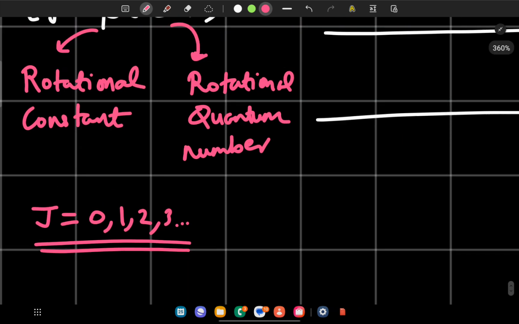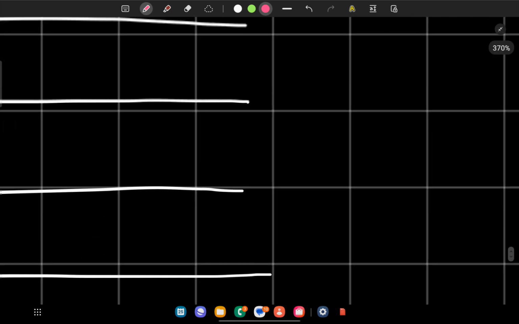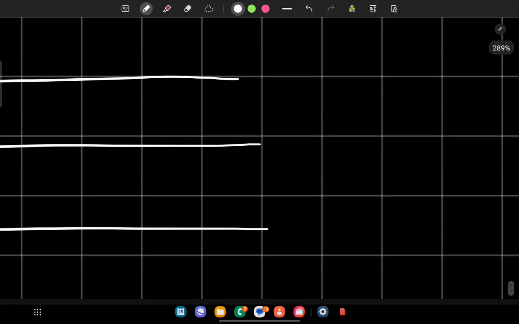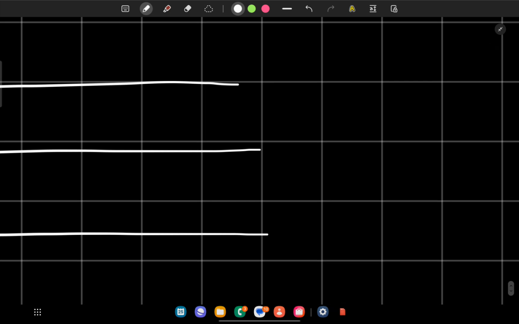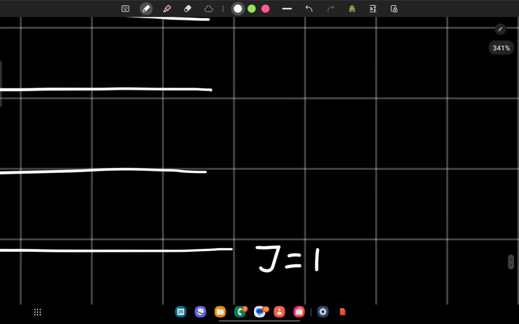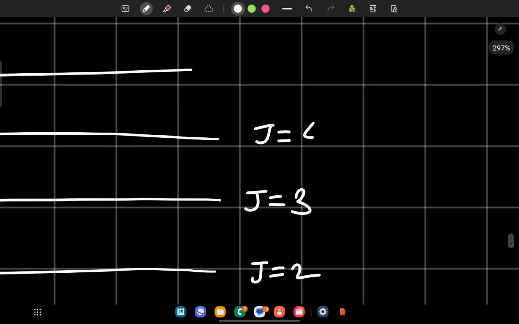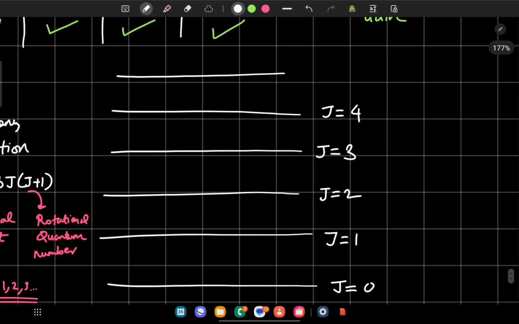If I denote the level of a particular rotational energy level, the ground state will be where the rotational quantum number is 0, followed by J equal to 1, J equal to 2, J equal to 3, J equal to 4, and it just goes on.